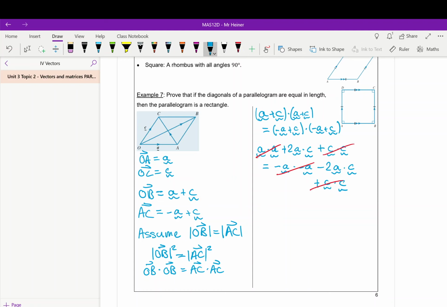So we get that 4 times a dot c is equal to 0. We can divide both sides by 4 to show that a dot c is equal to 0, which means a and c are perpendicular. Therefore, the parallelogram is a rectangle.